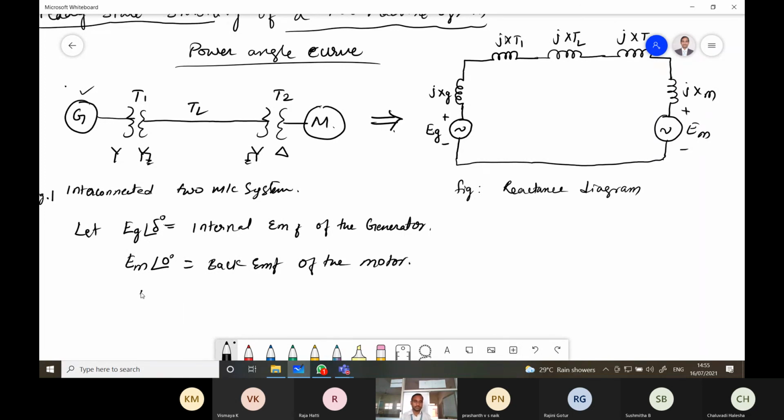Okay, then Xg is the reactance of the generator, and Xm is the reactance of the motor.